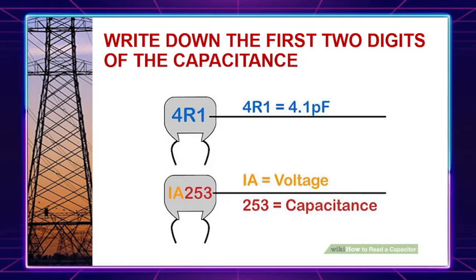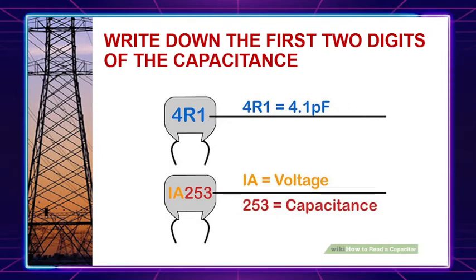Another way of reading the capacitor is to read the codes that contain letters. If your code includes a letter as one of the first two characters, there are three possibilities. If the letter is an R, based on the picture, replace it with a decimal point to get the capacitance in picofarads, or pF.